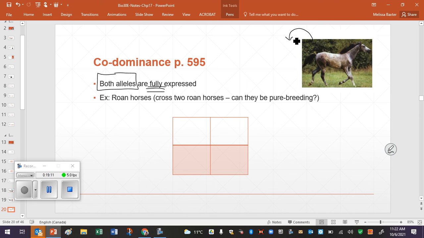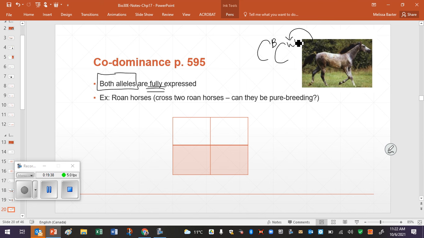But the idea is that a roan horse has 2 different alleles and they both show up. So in our last scenario, incomplete dominance, if I mixed black and white, I should get gray, right? That's the intermediate. In this scenario, if I mix black and white, I get black and white. Both colors show up.